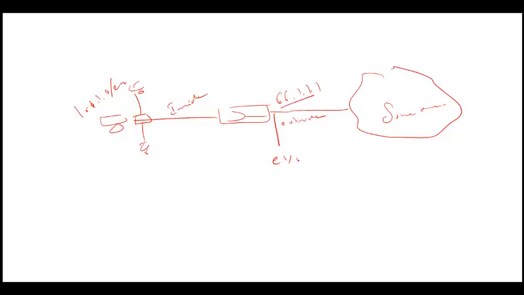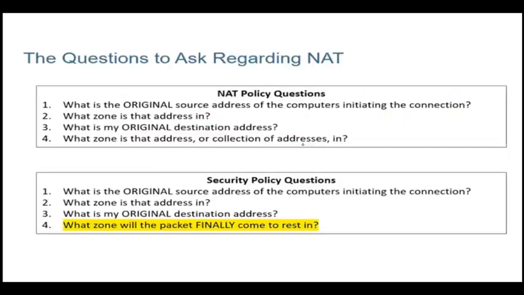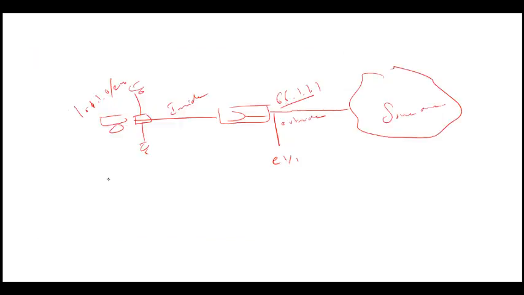So now, what is the first question? When you're writing NAT policy, what is the original source address? The source address is 10.1.1.1.